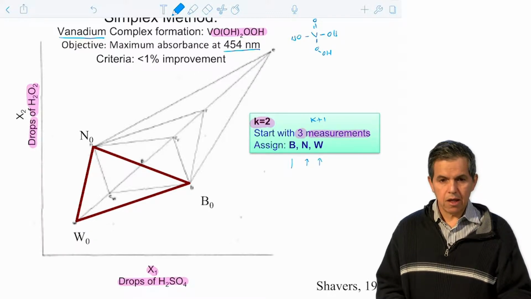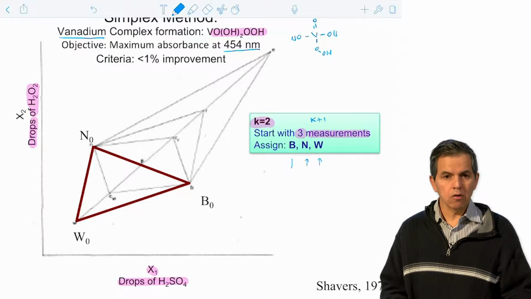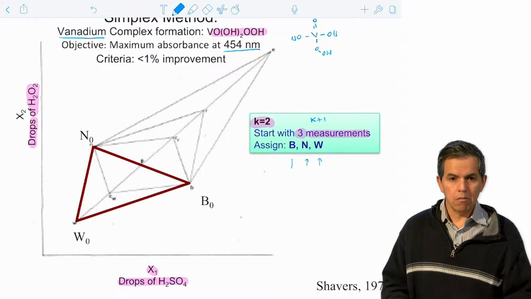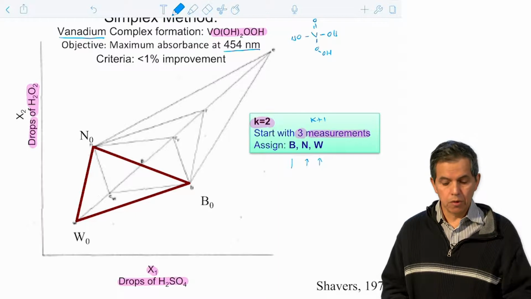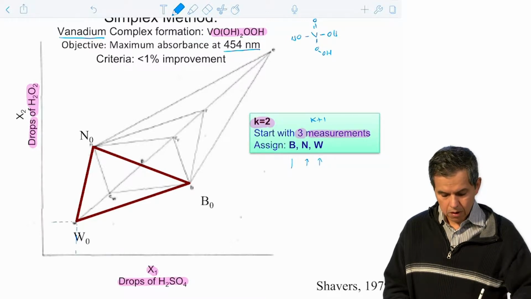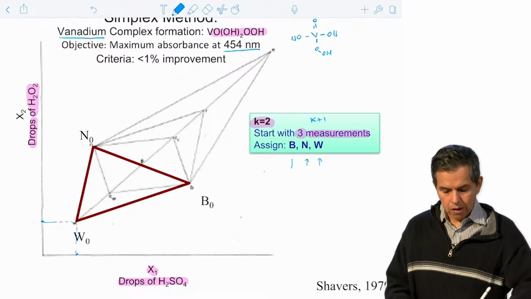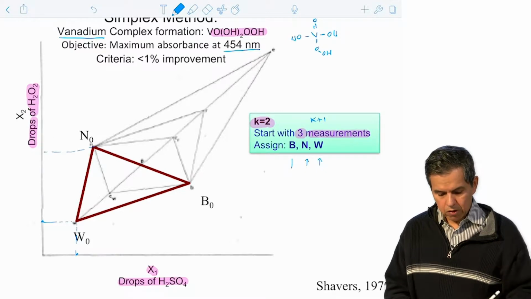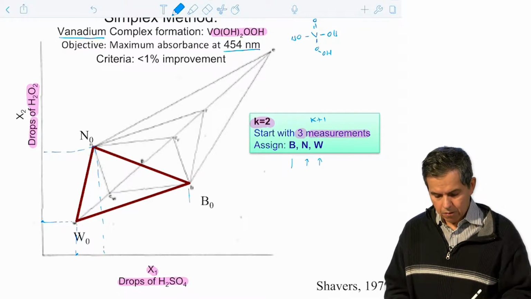So let's imagine then that we started, given by the instructor or the TA, or by proper consultation with the literature, with 3 combinations of a certain number of drops of hydrogen peroxide and sulfuric acid, defined by these 2 axes here. Here is another combination that we followed, and here is the third combination that we followed.